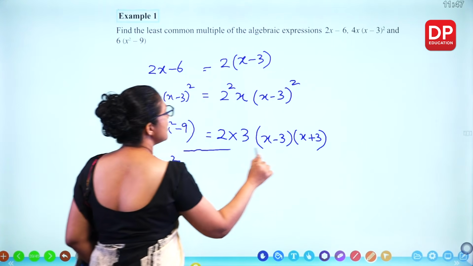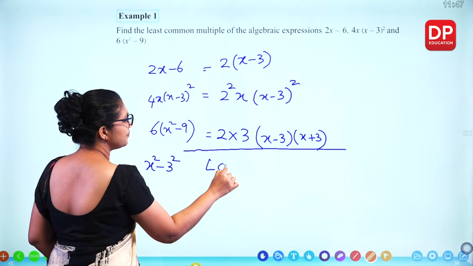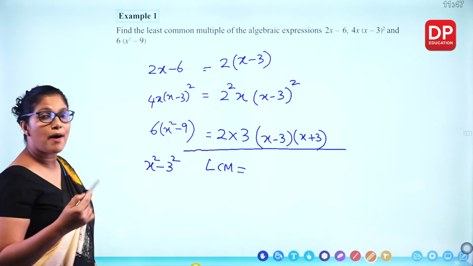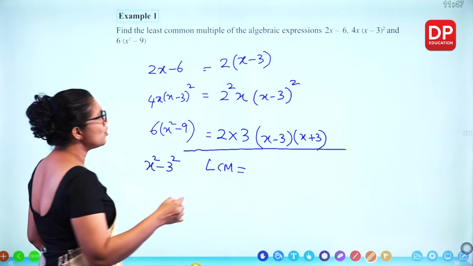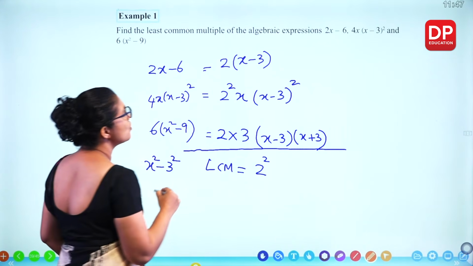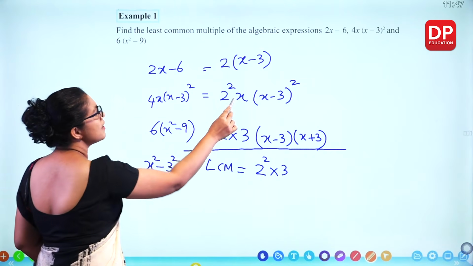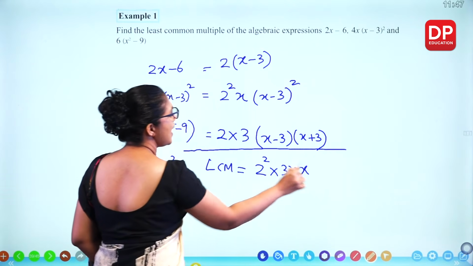Now when you look at the least common multiple, what can I see? When you take the power of 2, what's the maximum power of 2? 2 to the power 2. What's the maximum power of 3? Only once. Here the maximum power of x, you get x.